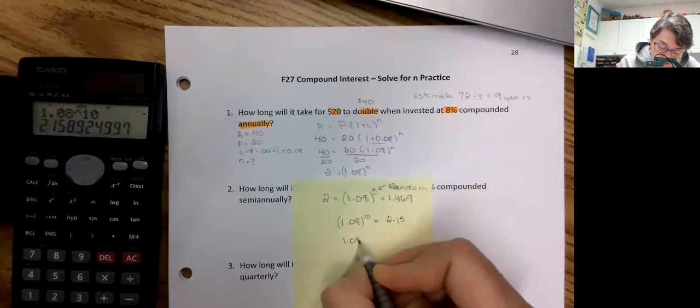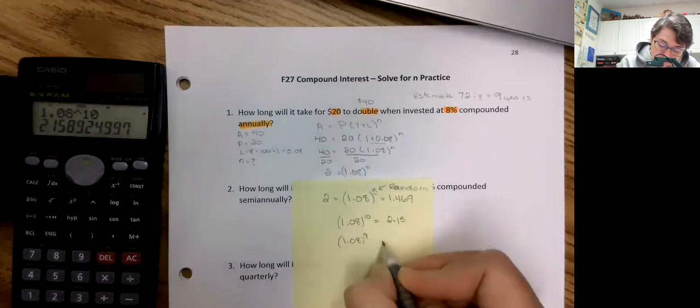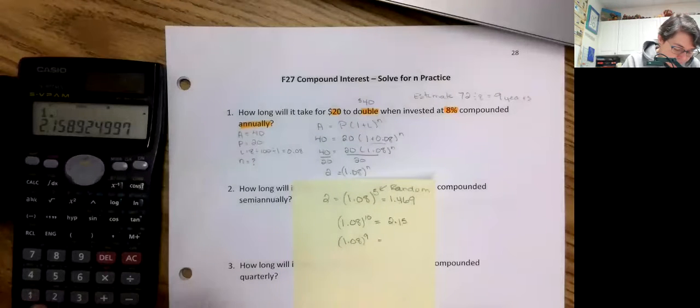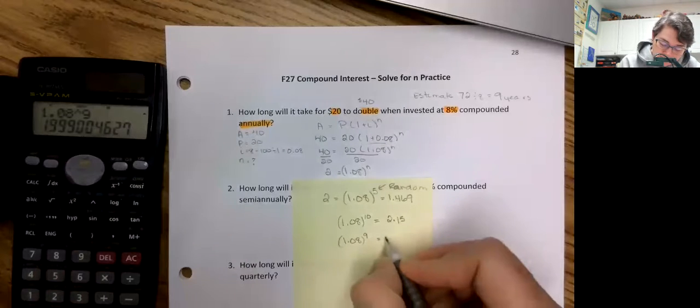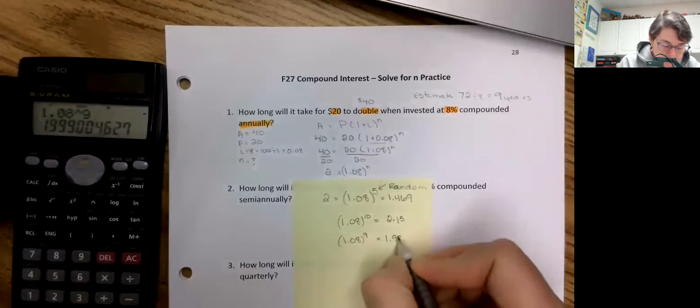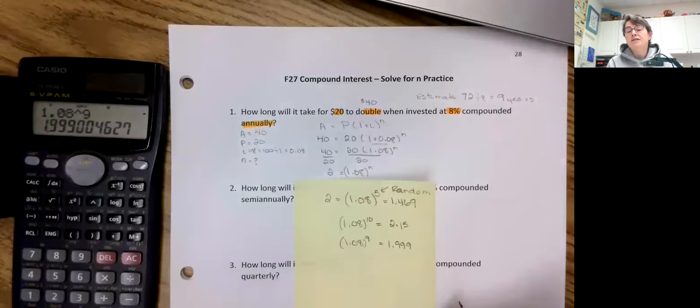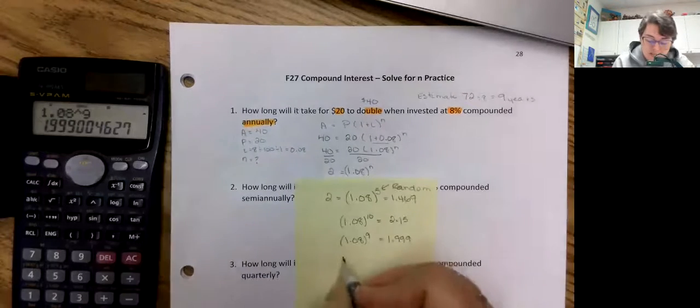Now I'm going to cheat a little bit, because my estimate says it should be about 9 years. So 1.08 to the power of 9 gives me 1.999. That's darn close to 2. So you can do it, but it really ends up being guess and check.